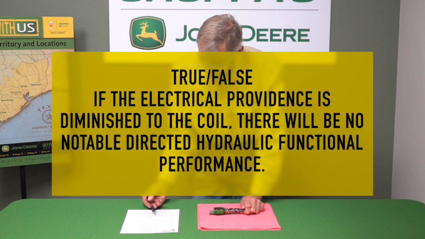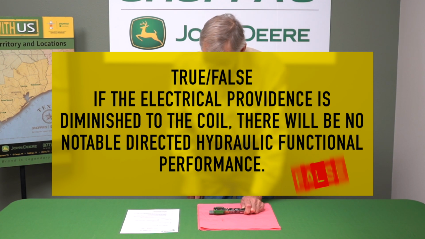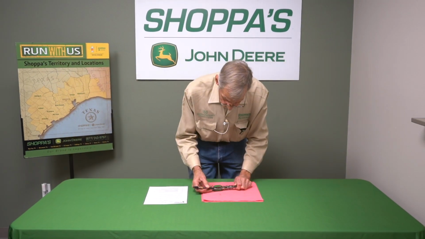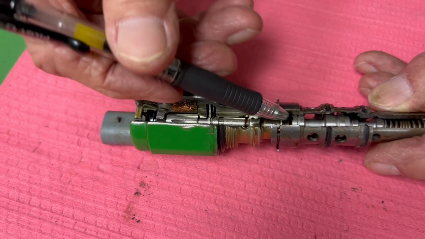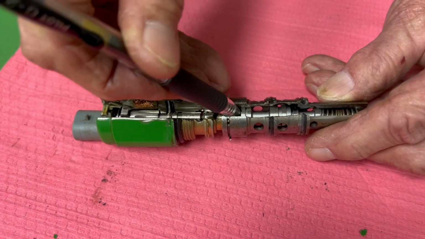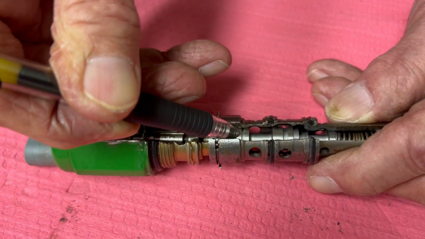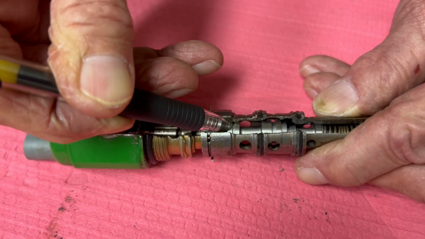If electrical providence is diminished to the coil, there will be no notable directed hydraulic function performance. If this coil were to fail, then you wouldn't have any movement from this plunger, and therefore you would not have any movement to this spool valve in here.